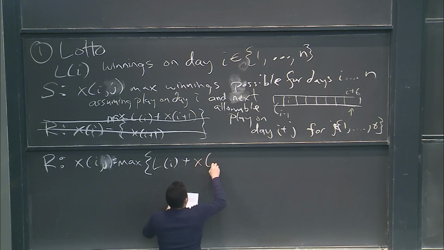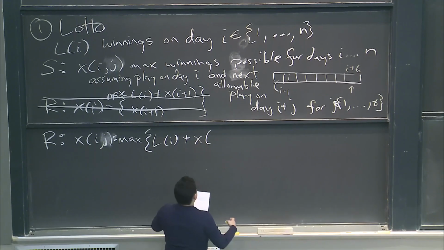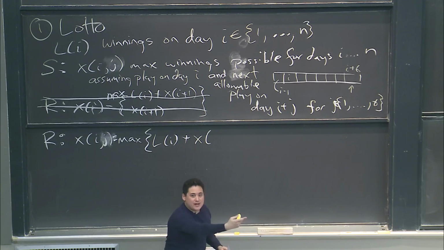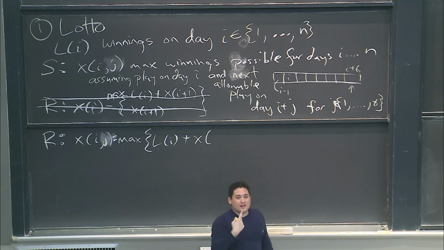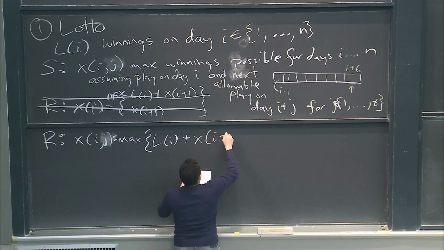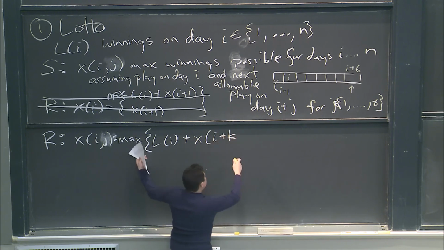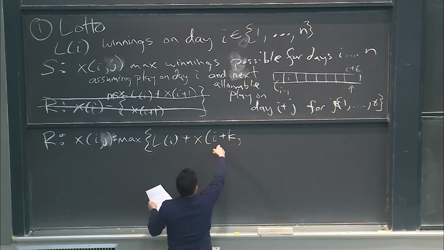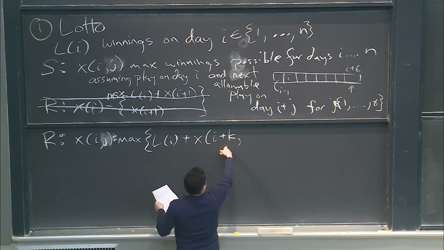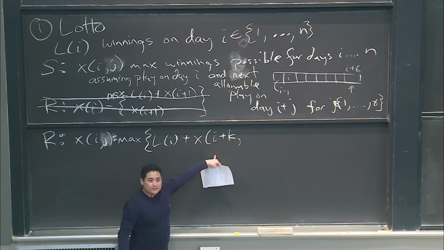So I have a choice of the next day I play, somewhere between j, which is my next allowable play, and sometime in the future, right? So I plus k, this is going to be my loop that I'm looping over in terms of my max. And then what am I restricted on in my play, right? It depends on how far I am from I, right?